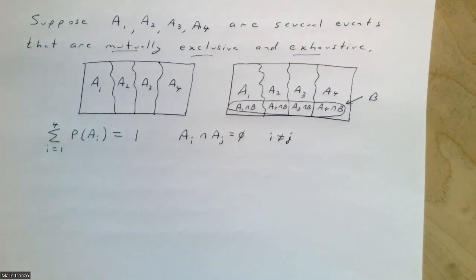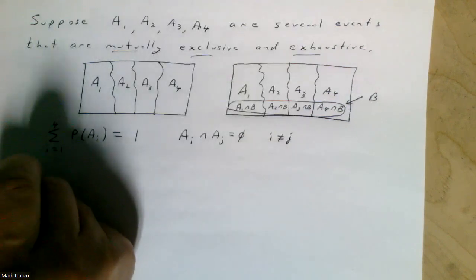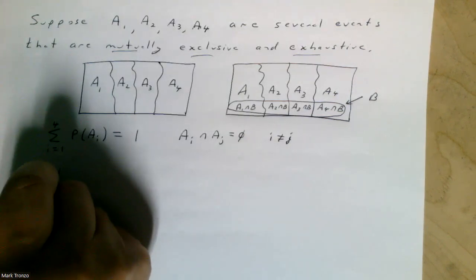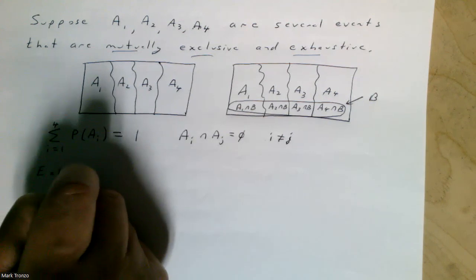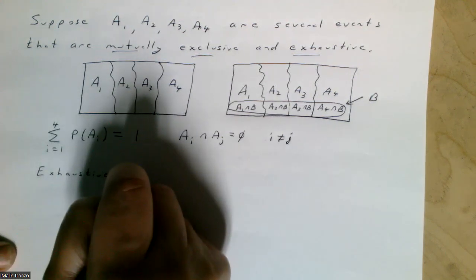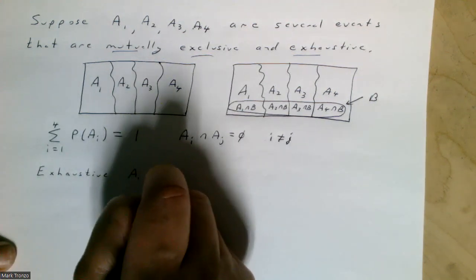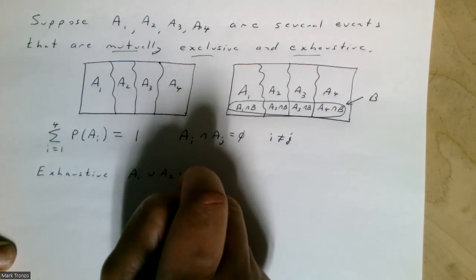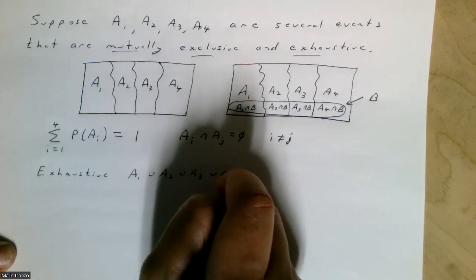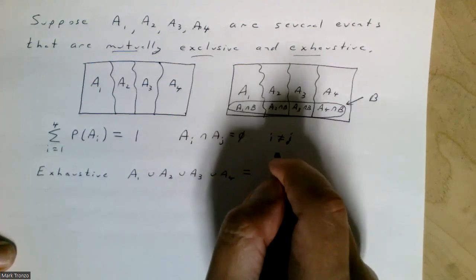Another way to say it's exhaustive is that if you took the union of all of these, you would get the sample space.